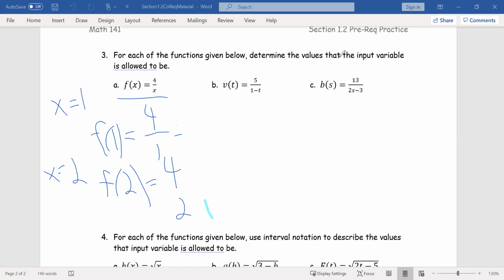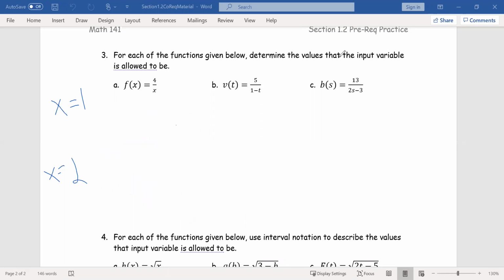But when we're thinking about all the different possibilities for what x can be, it's often helpful to think about what x cannot be. So what if we tried to, say, put in x equals 0 here? Well, if we do that, we'd have f of 0 equals 4 over 0.